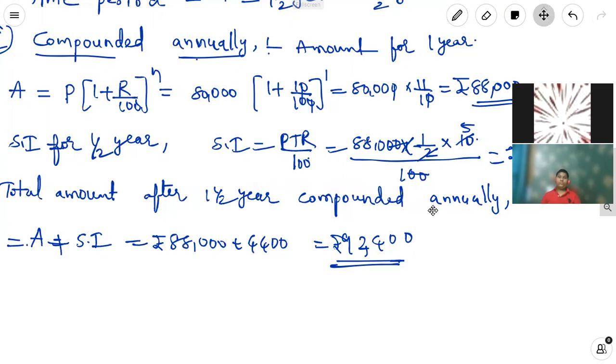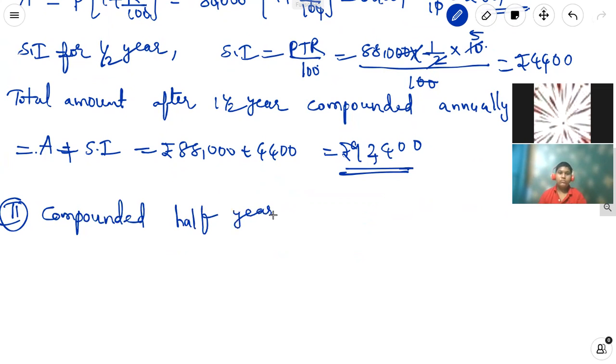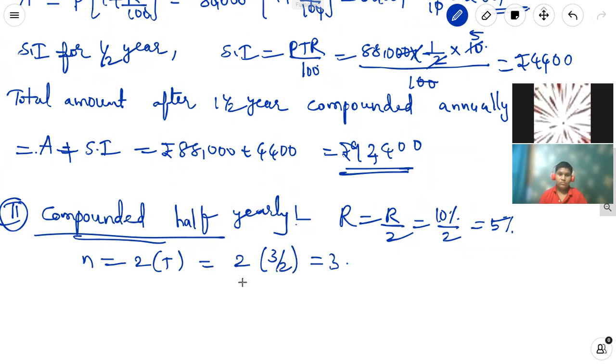Next, second case is compounded half yearly. Compounded half yearly means we can take the rate of interest is half of the rate of interest, that is 10% by 2 equal to 5%, and the number of years n equal to twice of the time period, that is 2 into 3 by 2 equal to 3.